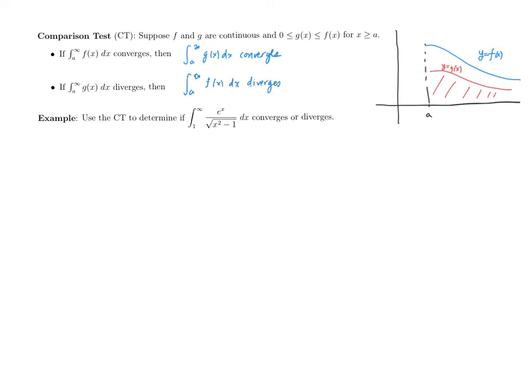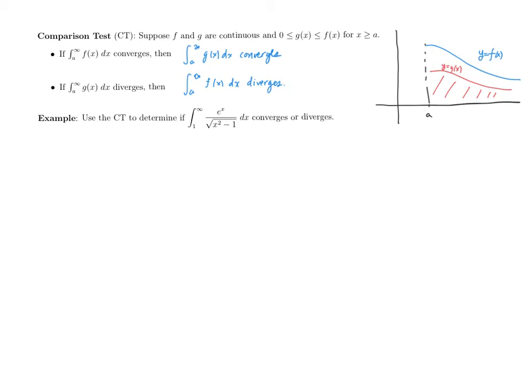So once again, just to reiterate, if the bigger thing converges, so does the smaller. But if the smaller thing diverges, so does the larger. So that's the intuition, and really the graphical perspective to the right tells the story of why this is true, just thinking about enclosed area.